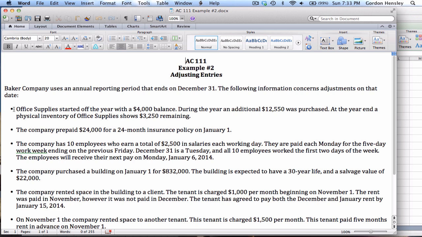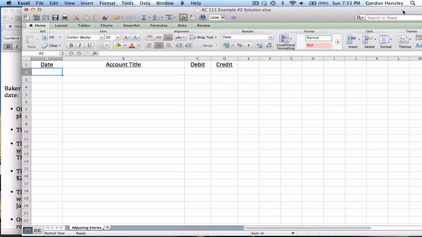So in other words, they started off with $4,000. That was a beginning balance. They added an additional $12,550, but then they only had $3,250 remaining. So that requires an adjustment for the supplies. Now, this is going to be as of December 31st.